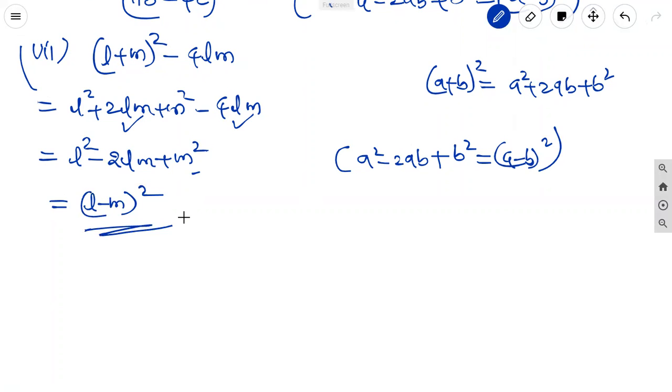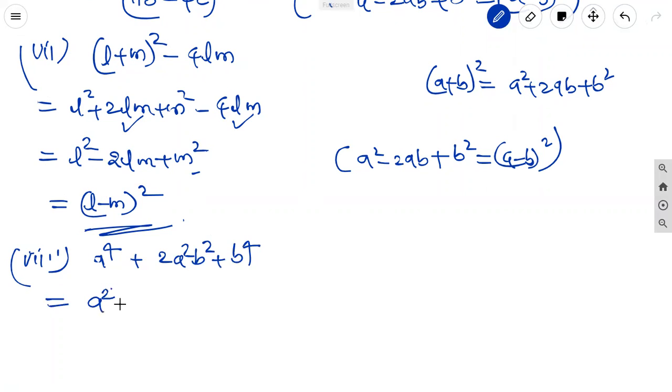Next, eighth question. A to the power of 4 plus 2a square b square plus b to the power of 4. It is equal to a to the power of 4 can be written as a square whole square. B to the power of 4 can be written as b square whole square.